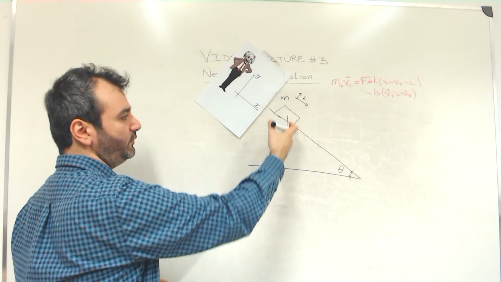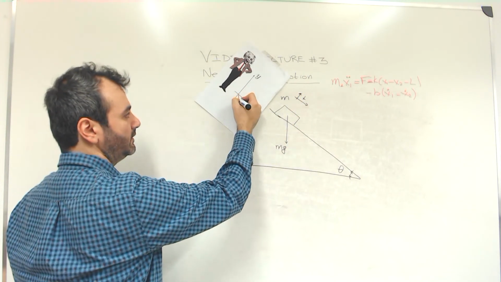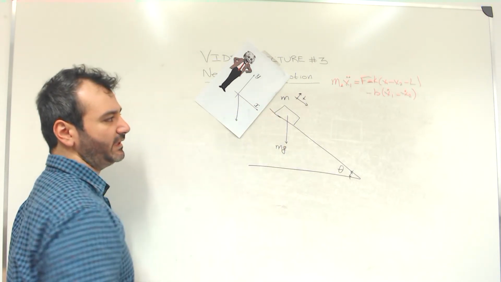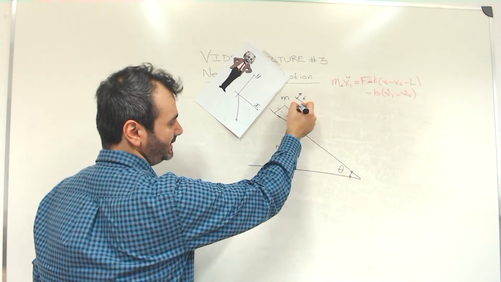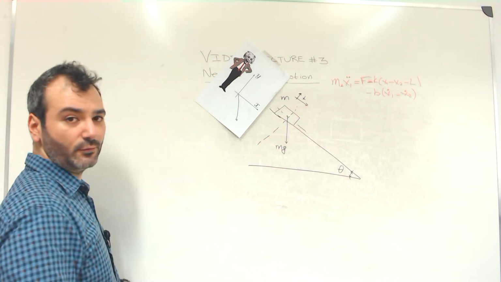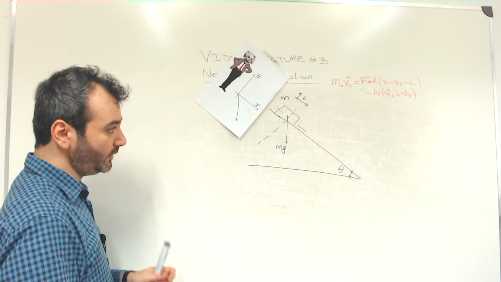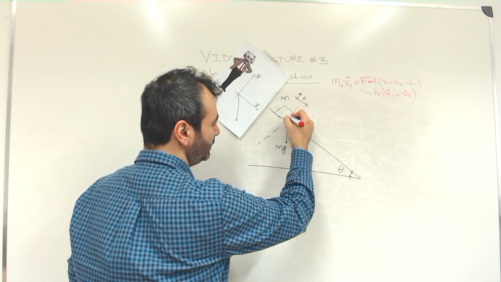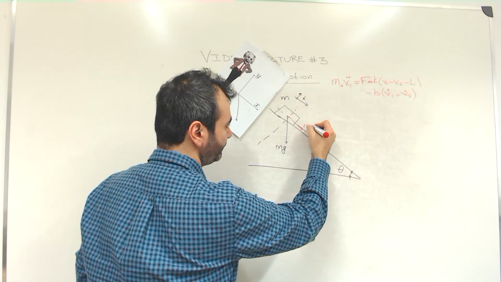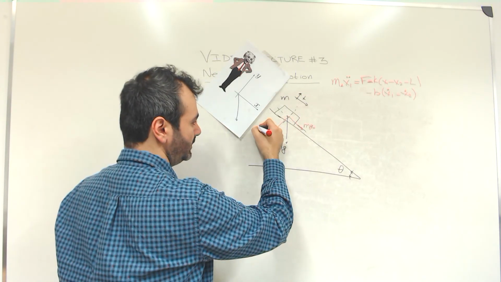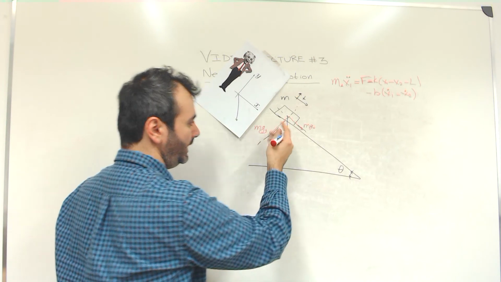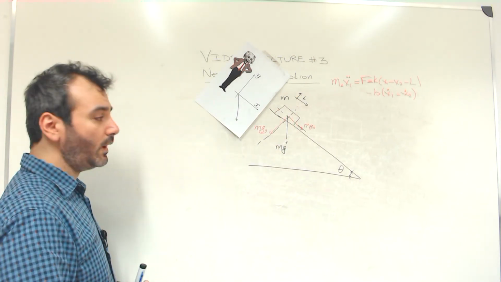However, this force is not perpendicular to any of these two axes, this axis and this one. Therefore, we have to decompose it. So mg breaks down into mg along x and mg along y.